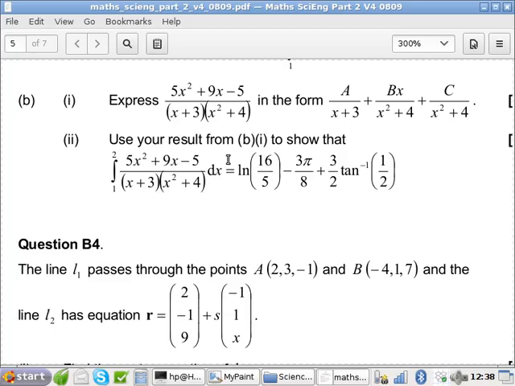So what's the derivative of x squared plus 4? 2x. So the b would probably be 2. But even if it was like 4, 4 is 2 times 2, so you still have the top as a derivative of the bottom. So this will become log, this will become log, and this will become tan inverse.